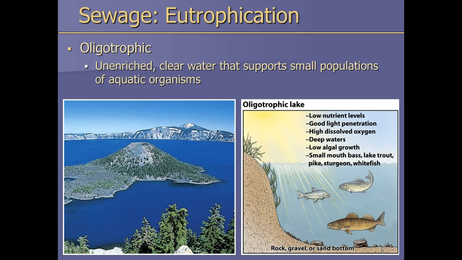They're fast movers. They need a lot of oxygen. Notice low nutrient levels. There's still nutrients in there. There has to be. You've got organic matter from plants to fish. So you're going to have some nutrient in there, but it's not going to be overpowering.